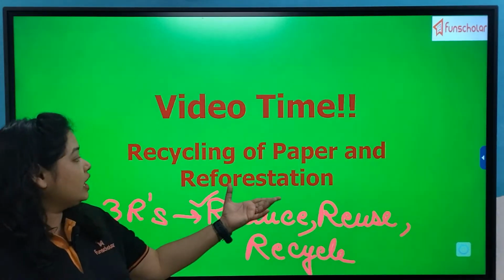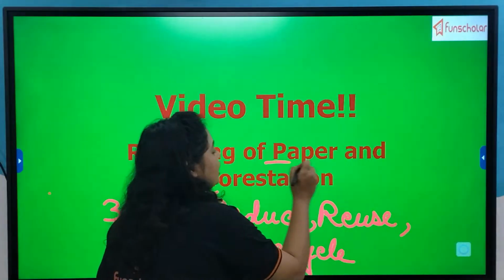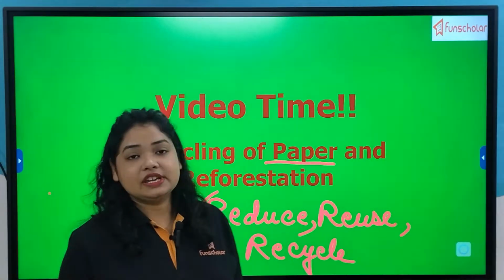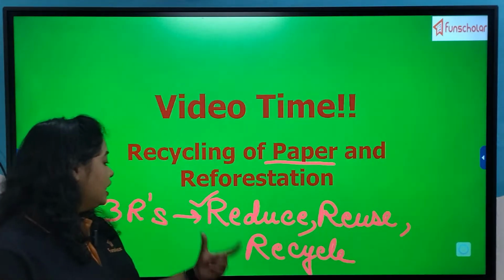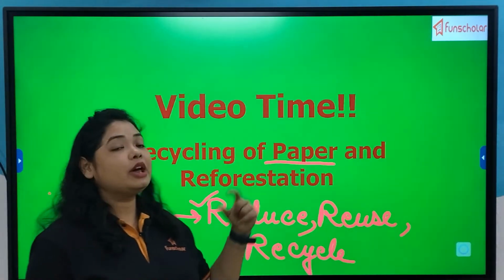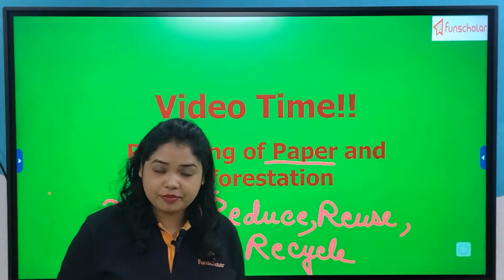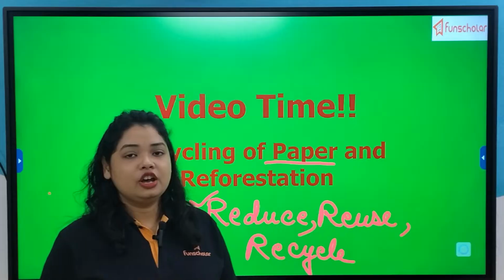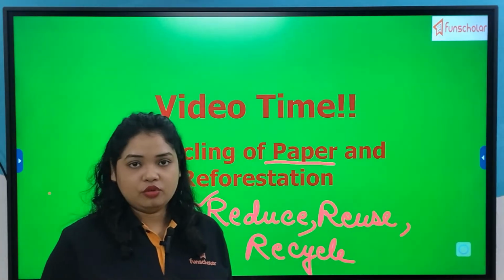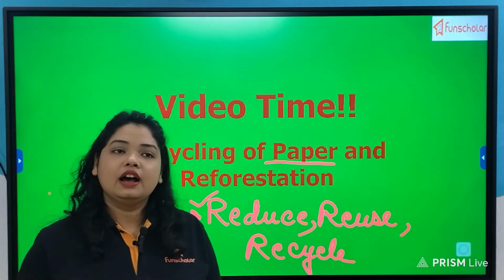Since we are talking about paper, the topic is paper. So here we can reduce the wastage of paper. For example, we take newspapers in our homes on a regular basis. We should never throw them. We need to collect them.